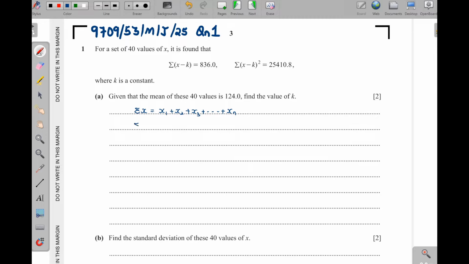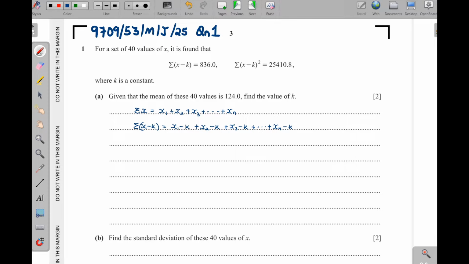Then we also have summation of x minus k. That means each value of x, you subtract a k, okay? So x2 also subtract a k, x3 also subtract a k, and then up to xn minus k.